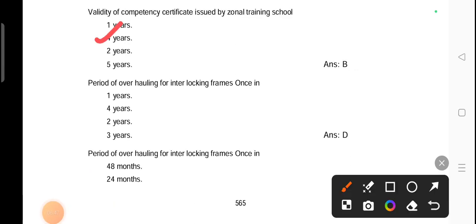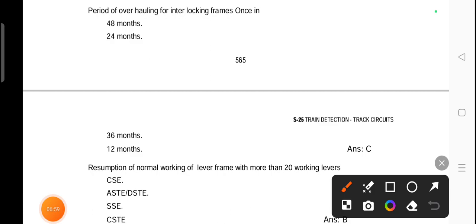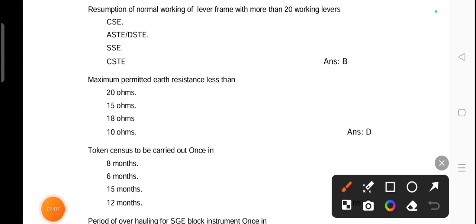Next, period of overhauling for interlocking frames: once in 3 years, that is, 36 months. Next, resumption of normal working of lever frames with more than 20 working levers: ASTE or DSTE. Next, maximum permitted earth resistance: less than 10 ohms.